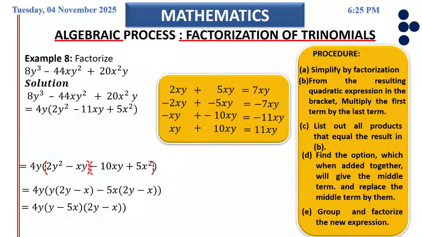You know the procedure, which is we're picking one of these, and also we're picking y minus 5x, which is what you have here. If you put that there, what does it give you? It gives you our final answer. It's as simple as that.